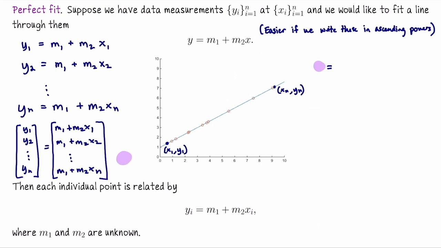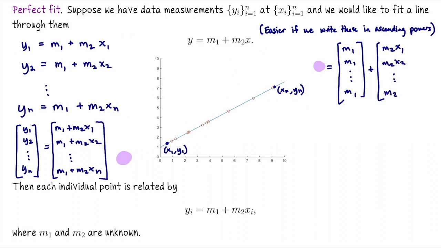So I can take that big vector on the right and split it up. The way vector addition works, you just add coordinate by coordinate. So I could write this as the vector m1, m1, all the way through m1, plus the rest of it, so m2x1, m2x2, all the way down to m2xn.